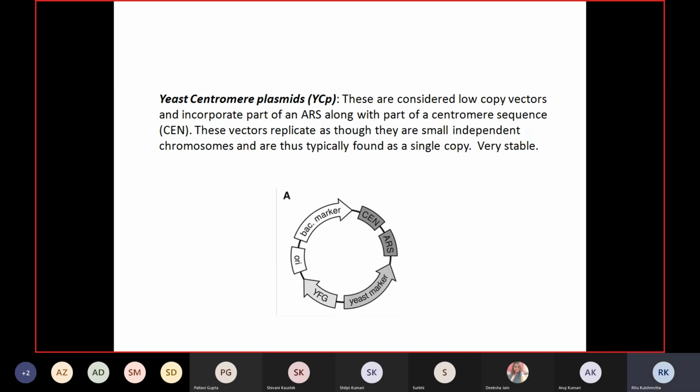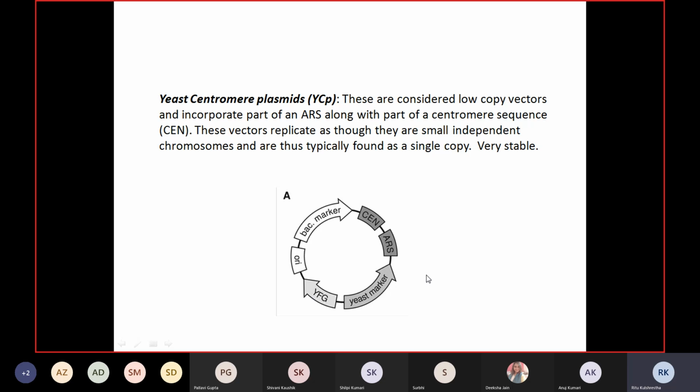Now coming to the centromere plasmid. Let's see what it has. It has an origin of replication for plasmid. It has some bacterial antibiotic marker. It has some yeast marker. And obviously this is your favorite gene, YFG, meaning you clone your gene of interest here, which is obviously the case in the previous plasmids as well.